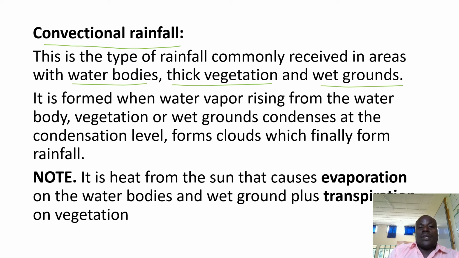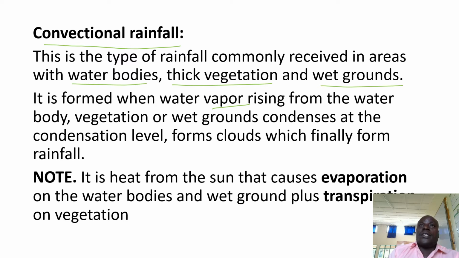How is it formed? It is formed when water vapor rising from water body, vegetation, or wet grounds condenses at the condensation level, forms clouds which finally form rainfall.